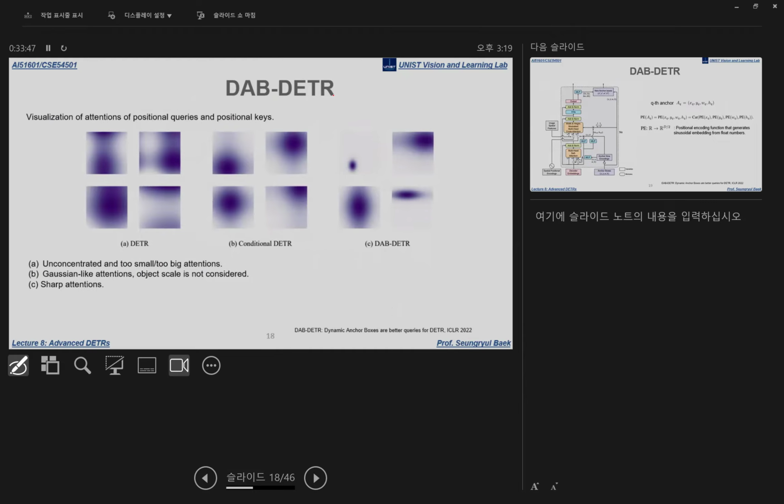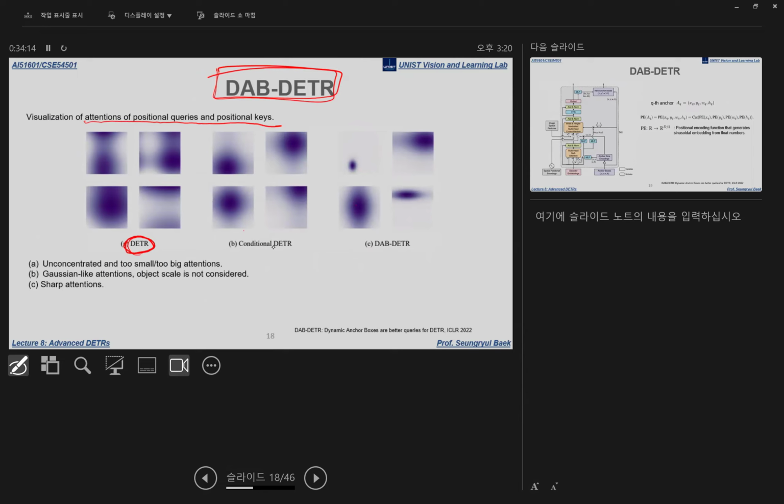The other variant of DETR for improving the object queries is the DAB-DETR. This is the original DETR. This is a visualization of attentions of positional query and positional key values.